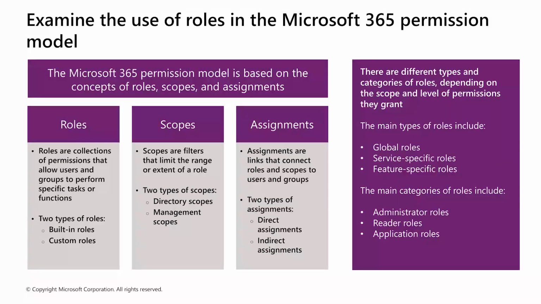Roles should always match business responsibility, not convenience. Remember, roles are not about trust, roles are about risk management. The roles we have here can be a global role, service-specific roles, or feature-specific roles.